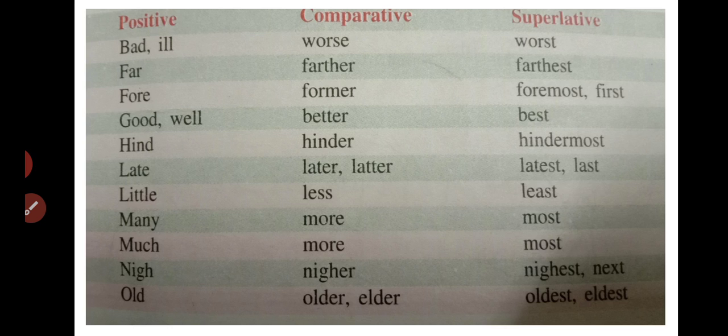Ill also worse in the comparative and worst in the superlative. Like that, far, further, furthest; fore, former, foremost; first; good, better, best. Okay, good becomes better in the comparative form, best in the superlative form. Well also, well, better, best.